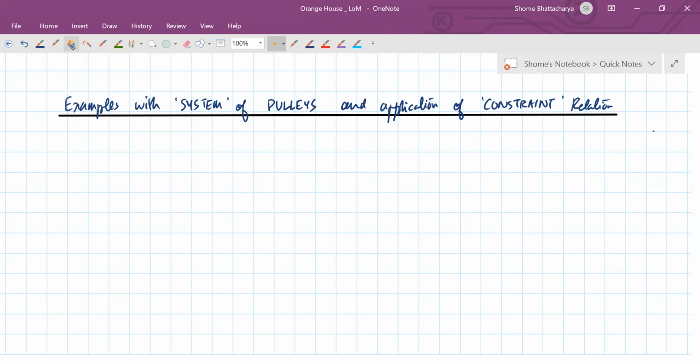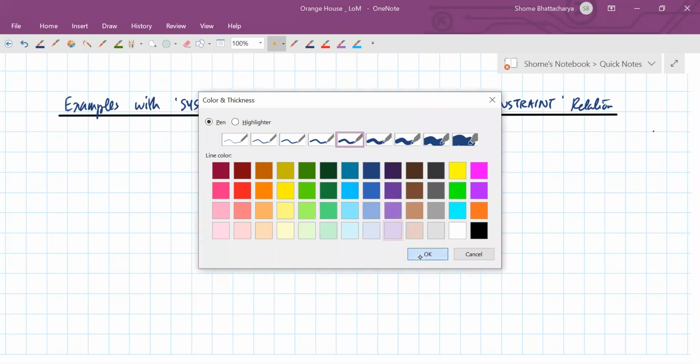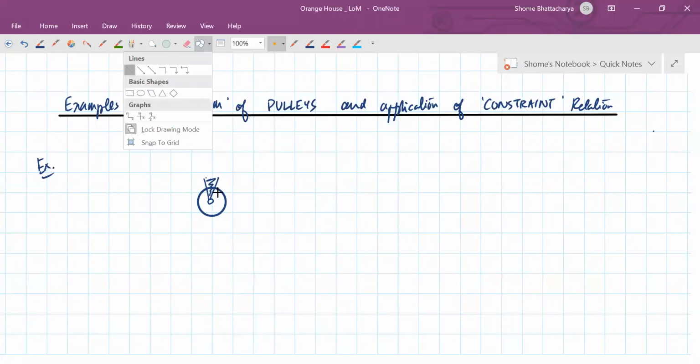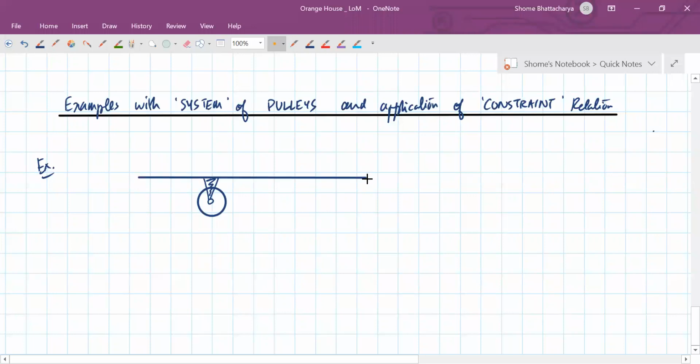So we'll straight away start with an example. We have a pulley which is attached to a ceiling like this, and we have a massless thread going around the pulley.